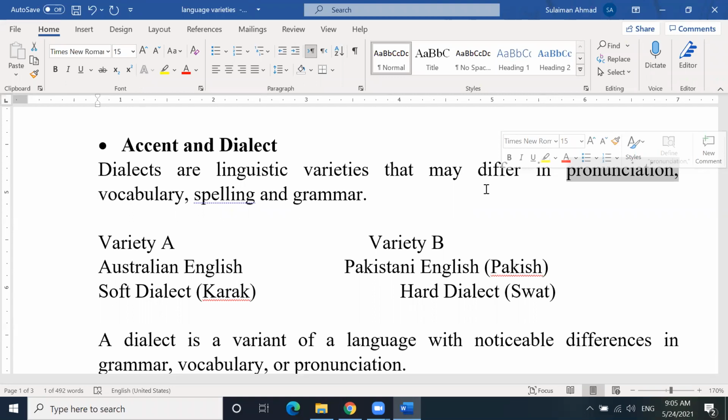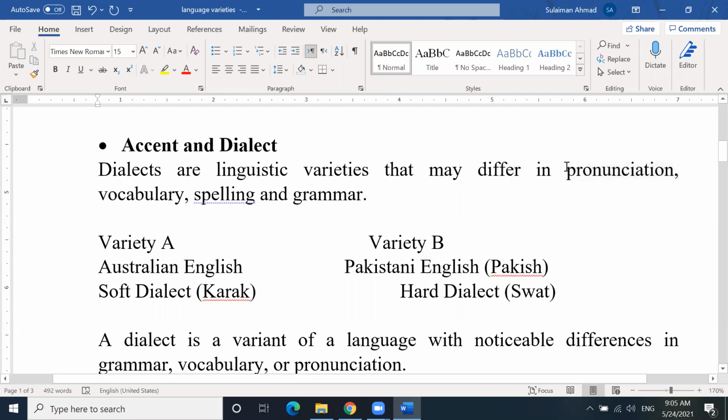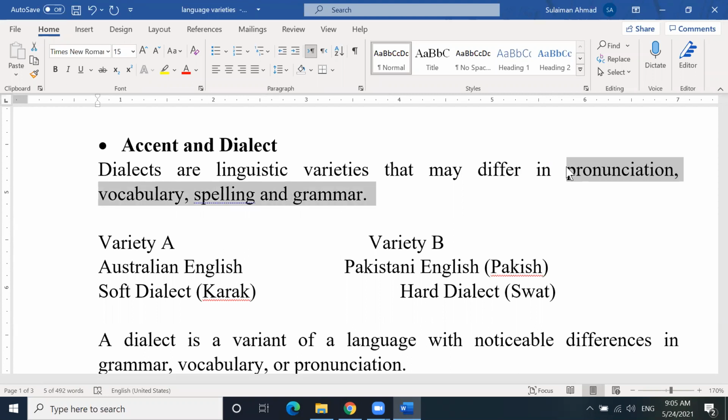But if we talk about dialect, like the Pakistani dialect, not accent, as a whole, and if I say that the Pakistani dialect is different from the Australian dialect of English, then I mean that Pakistani English is different in terms of pronunciation, vocabulary, spelling, and grammar, right? So we talk about all these four features of a language.